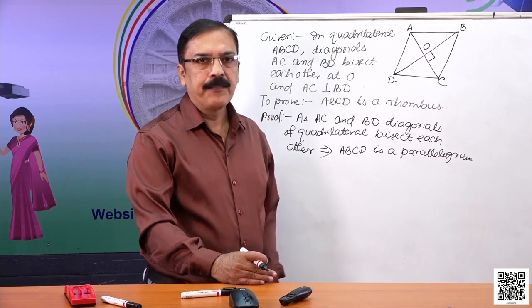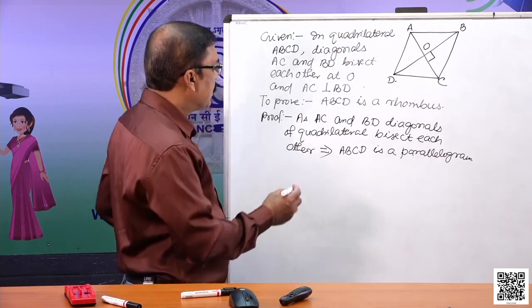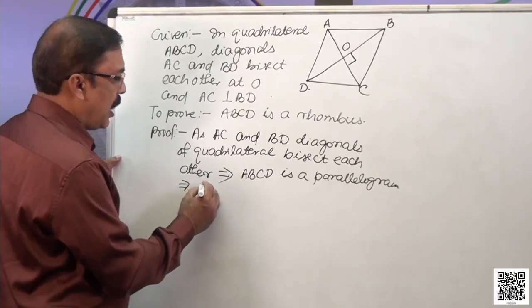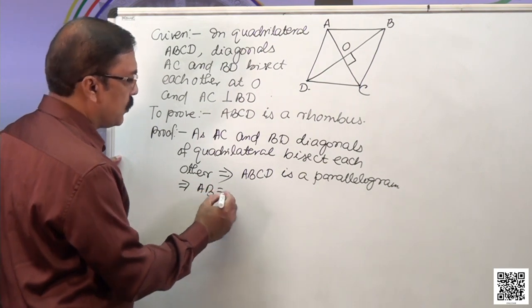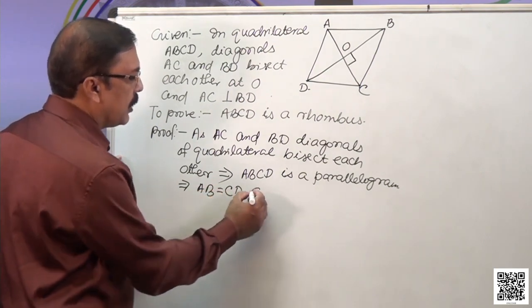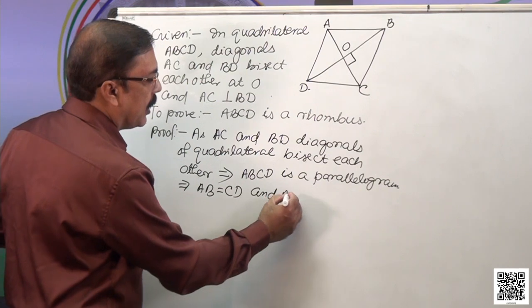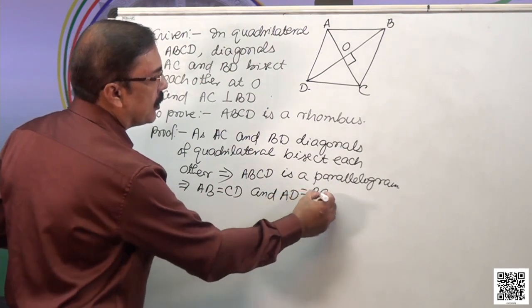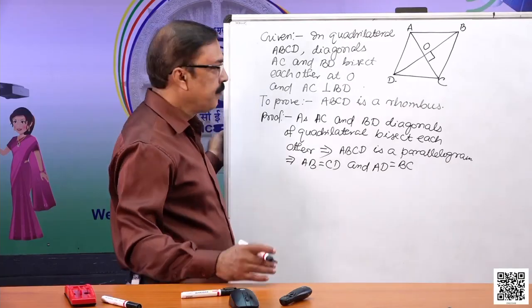ABCD is a parallelogram. This means AB is equal to CD and AD is equal to BC.